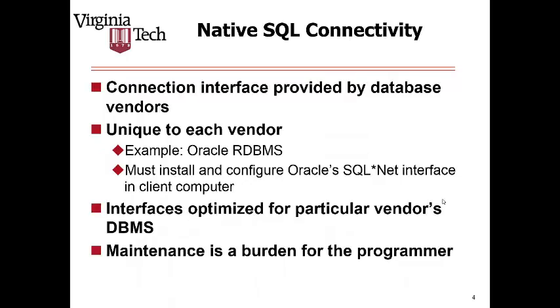Well, native SQL connectivity is when you have a product like Oracle, and what they provide is a listener. That listener is a service that runs on your computer and listens to a particular port on the computer.